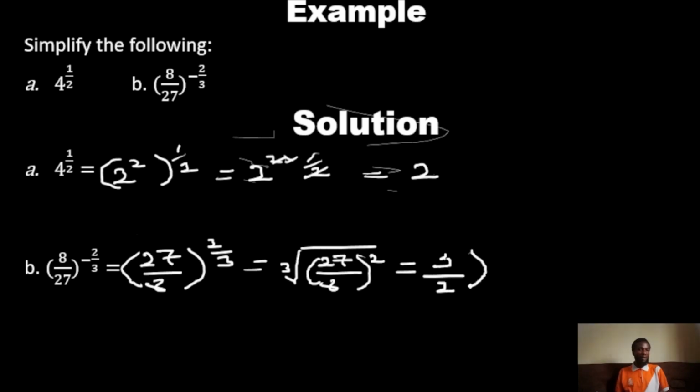Everything raised to the power of 2. So we have 3 over 2, all squared, which gives 9 all over 4. Converting it to a mixed fraction, that is 2 whole number, 1 over 4.